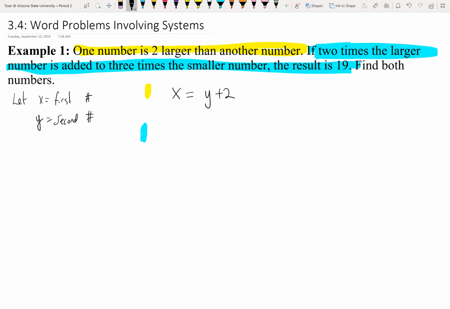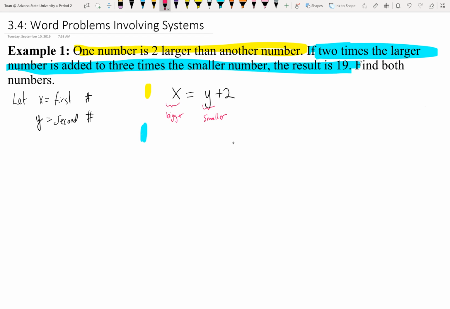So in effect, we have to know which one's the bigger and which one's the smaller. How are we supposed to do that when our numbers are variables? Read the equation that we set up before. I hope everyone can use logic and see that this says x is y plus 2. So x is the bigger number and y is the smaller.